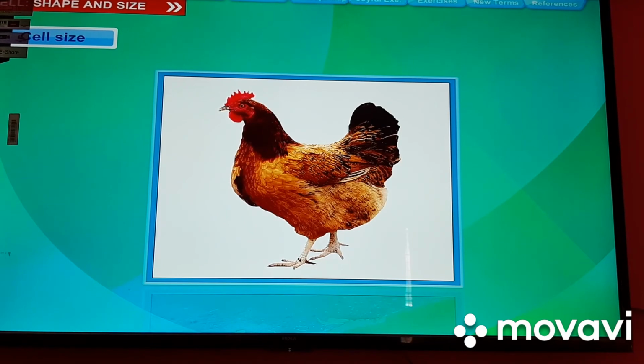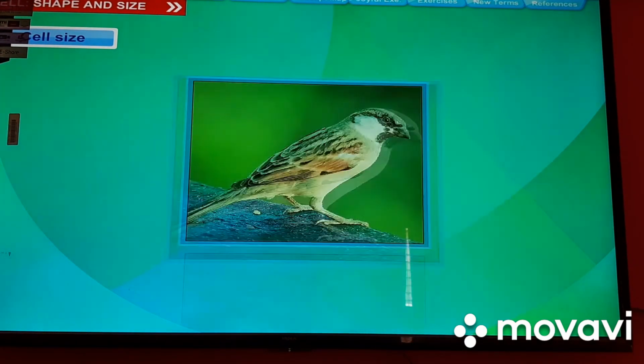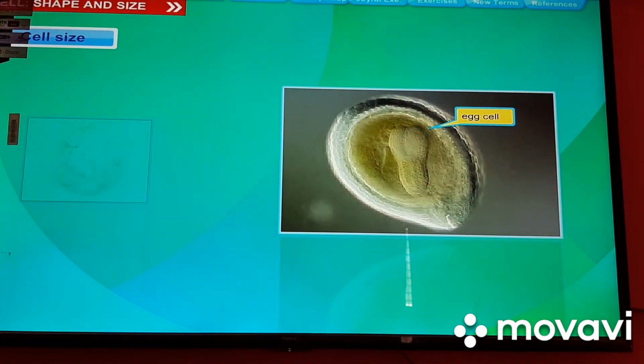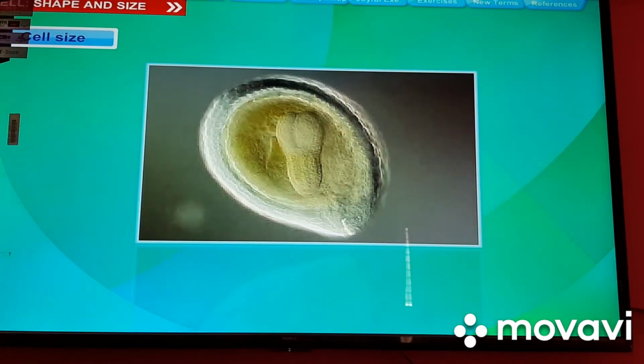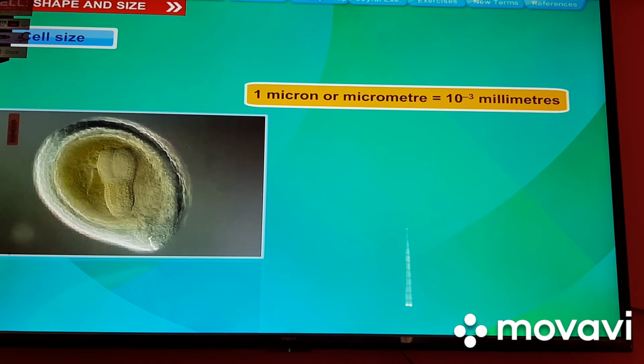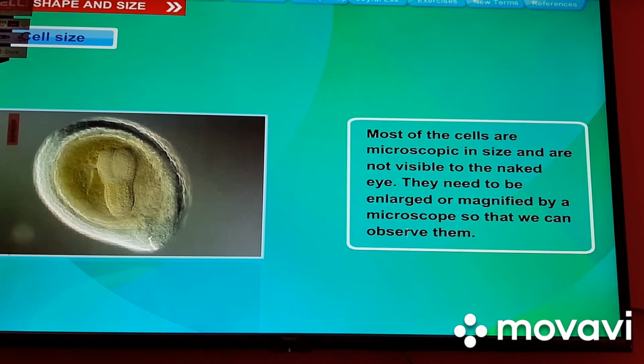Cell size. Cells and their organelles are measured in fractions of a millimeter. A thousandth of a millimeter is called a micron or micrometer. 1 micron is equal to 10 raised to the power minus 3 millimeters. Most cells are microscopic and not visible to the naked eye. They need to be magnified by a microscope so that we can observe them.